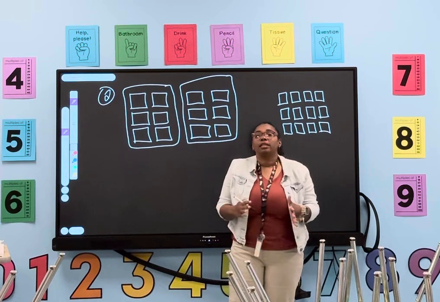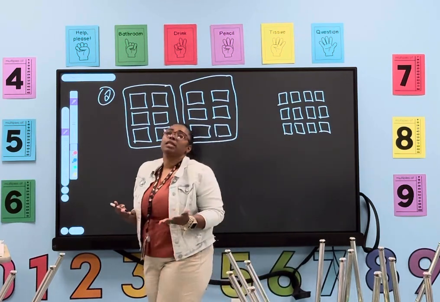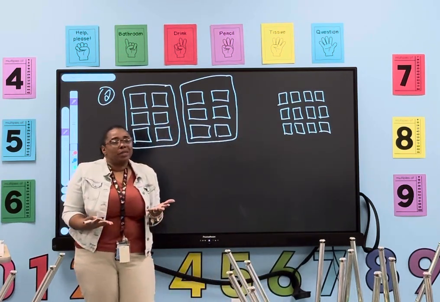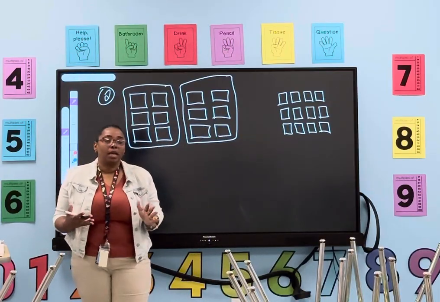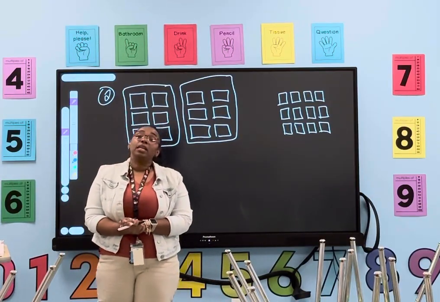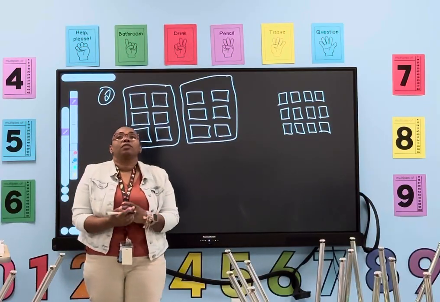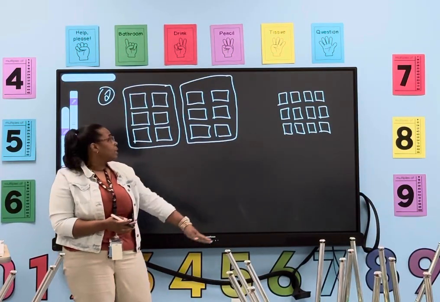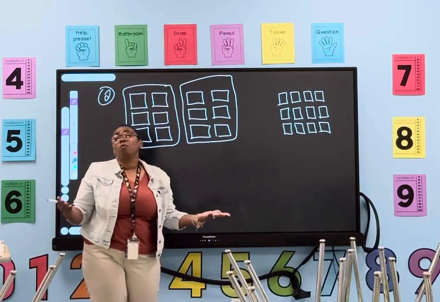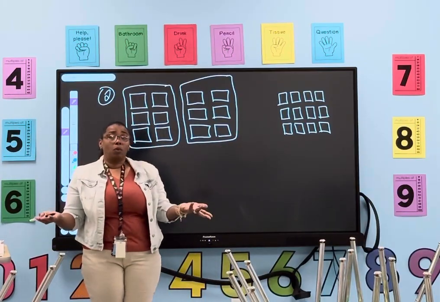But then they decided, okay, maybe it's hard for me to solve 3 times 4 because I'm just starting to learn my 3s and my 4s. But I can break it up into something that I've learned already. Because it's 3 rows, maybe a 3 times 1 since I know my 1s.